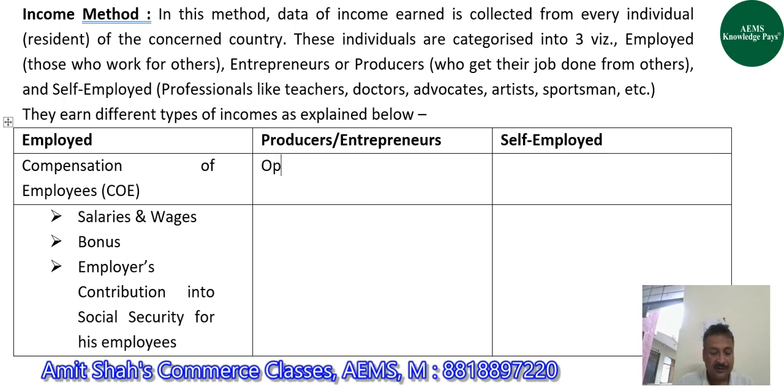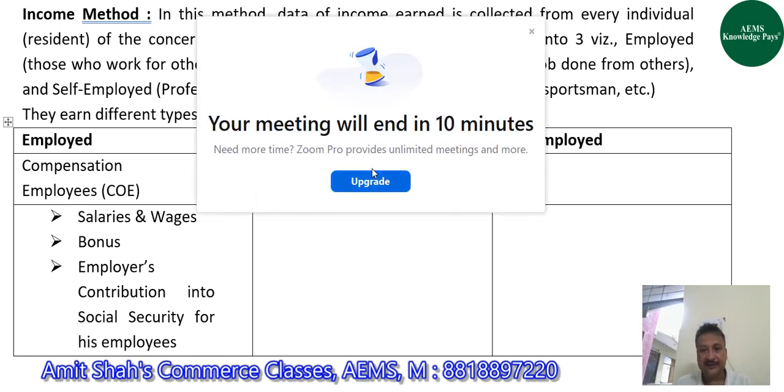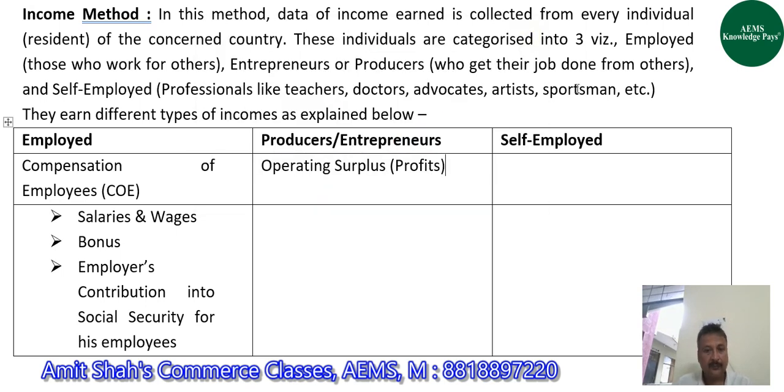Producers or entrepreneurs' income is called operating surplus because he's into business, right? So he has some surplus. That surplus only is his income, and that surplus is nothing but it is profits. Have you got this, guys, or not? And this profit can be further broken down into dividend, which he takes out from his business, which he takes away for his personal use.